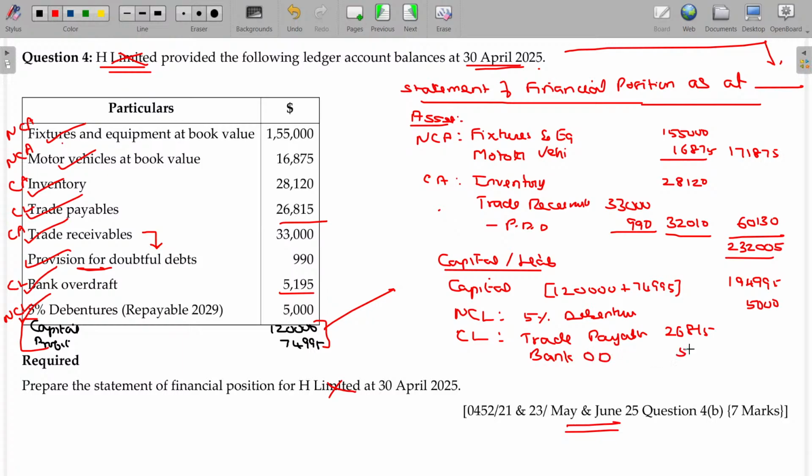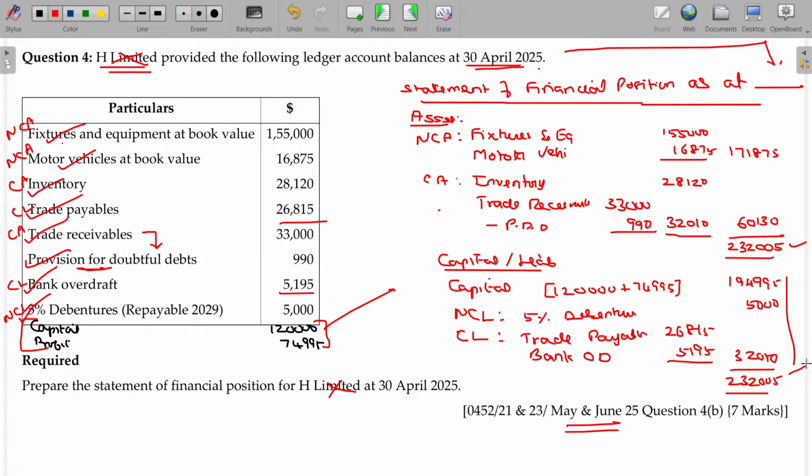So 5,195. Then total current liabilities being 32,010. If you total the three items here, you'll get 2,32,005. So you can cross check that asset should be equal to the liabilities.